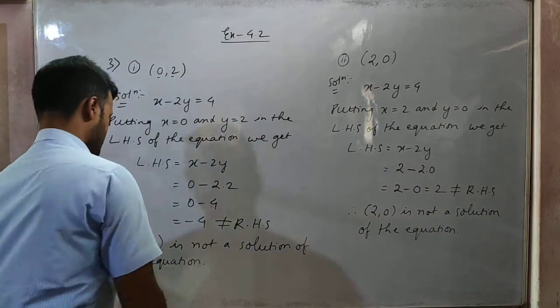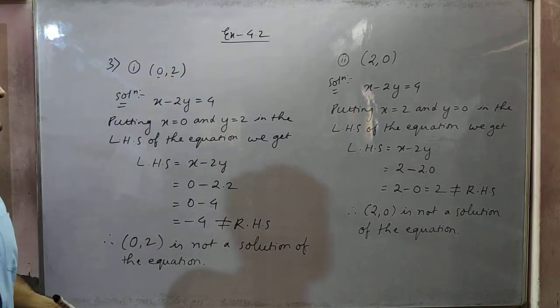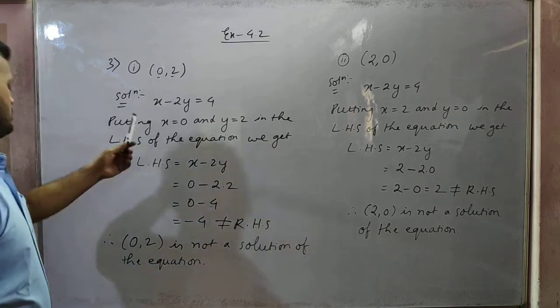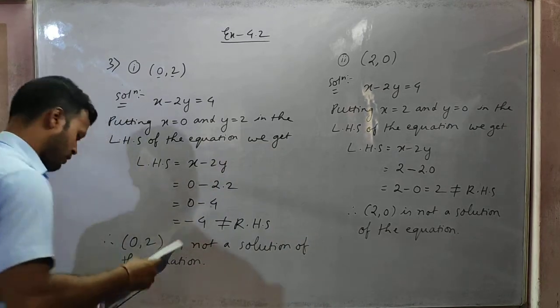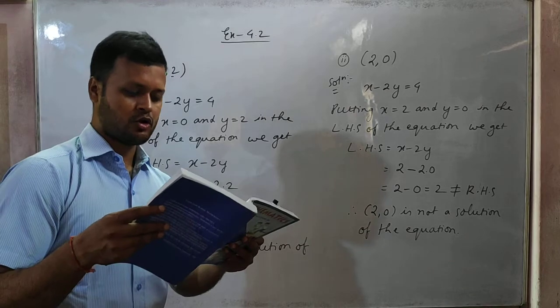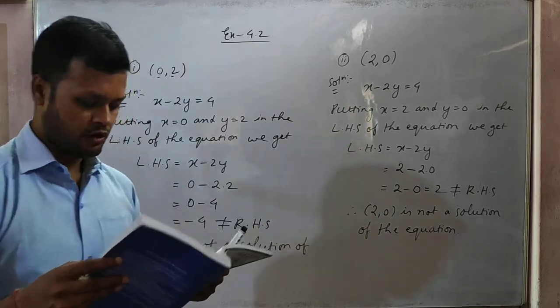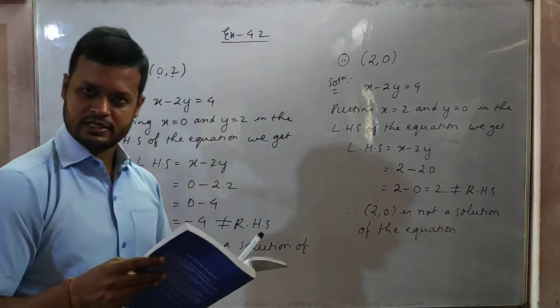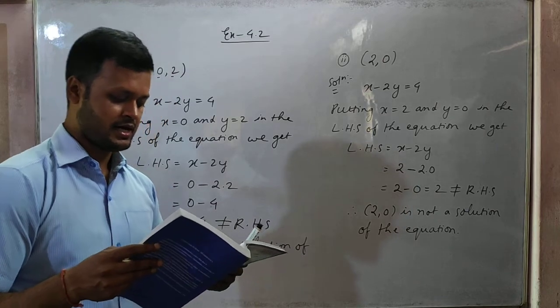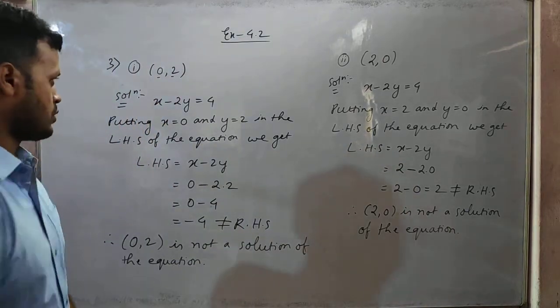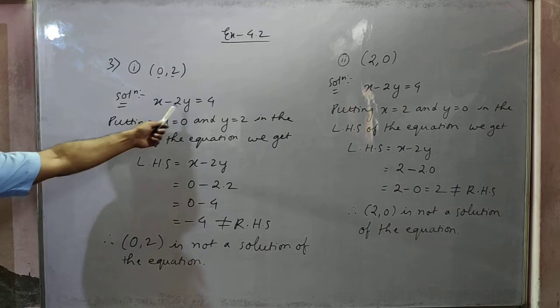Okay, so see here, that means number 3. Check which of the following are solutions of the equation. Below some values of x and y are given. We have to check which is the solution of this equation and which are not. So 0, 2 first value, x minus 2y is equal to 4.